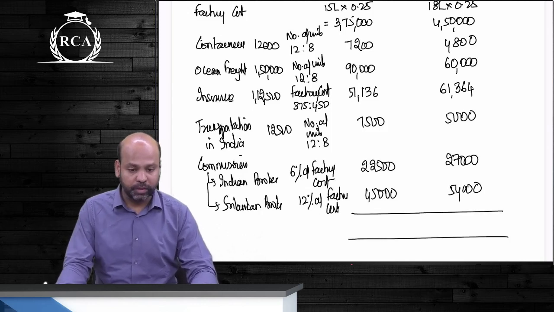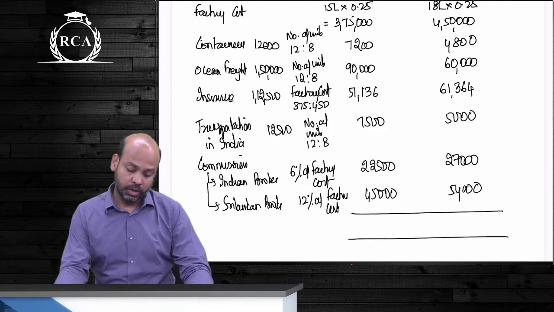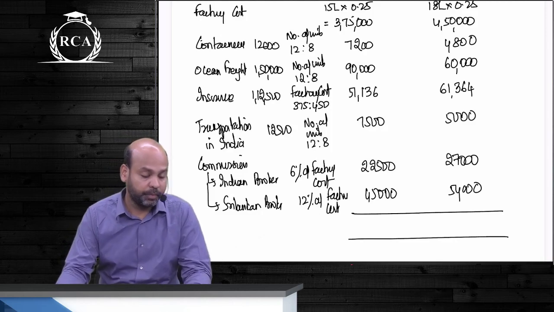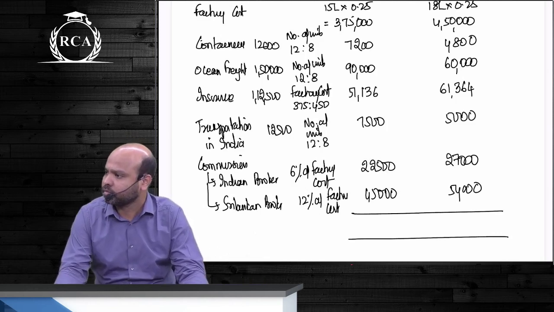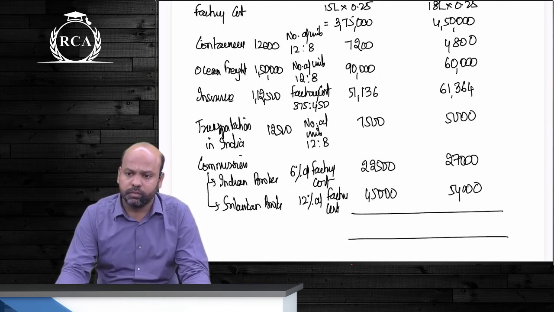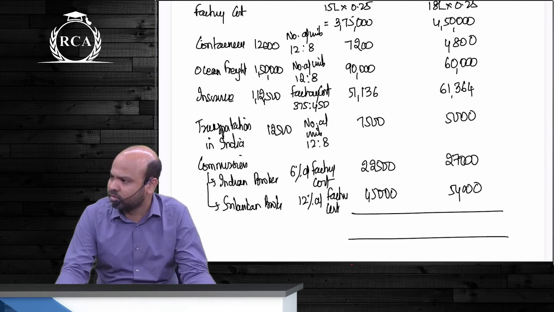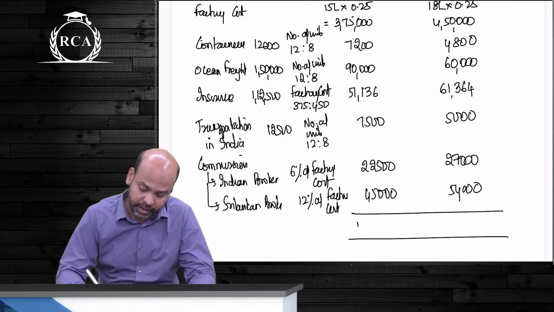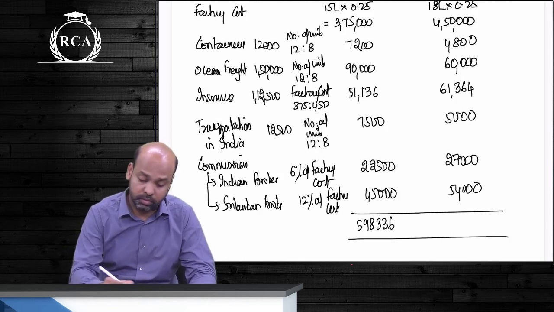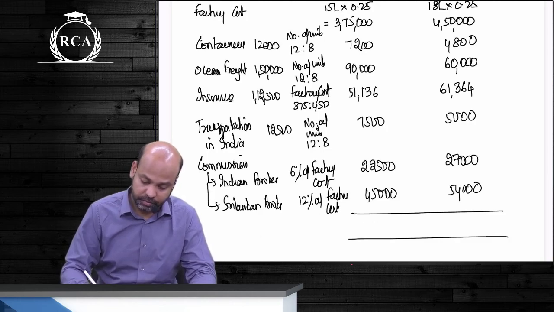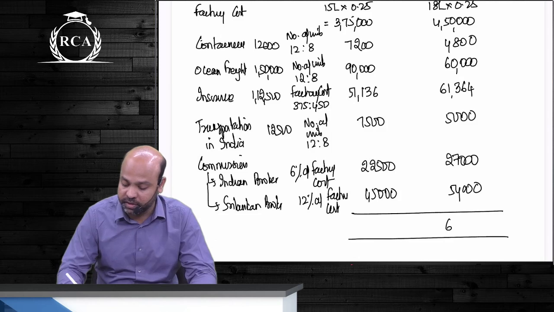Can you add all of them guys? We have covered all the expenses. Please add them now. 5,98,336. How much is the first one? 6 lakhs.